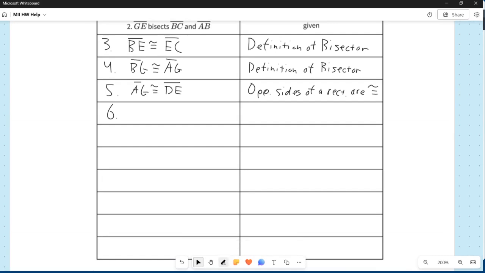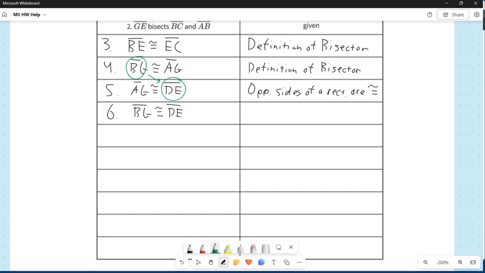So for statement 6, we know that BG is congruent to DE. And you can see it in the proof too, because BG is there, which is congruent to AG, and AG is congruent to DE.